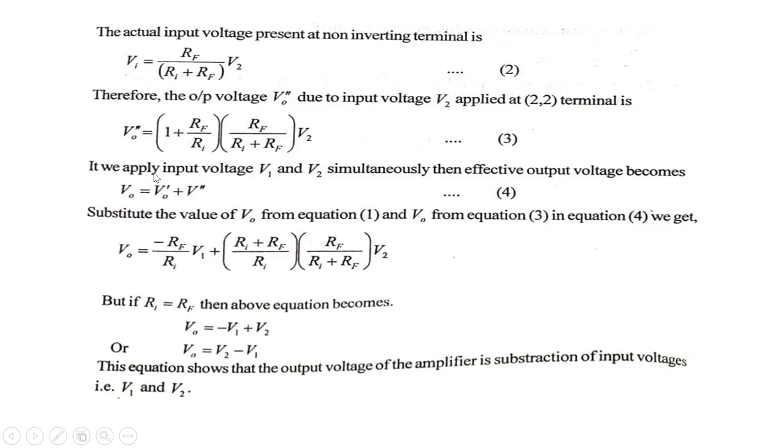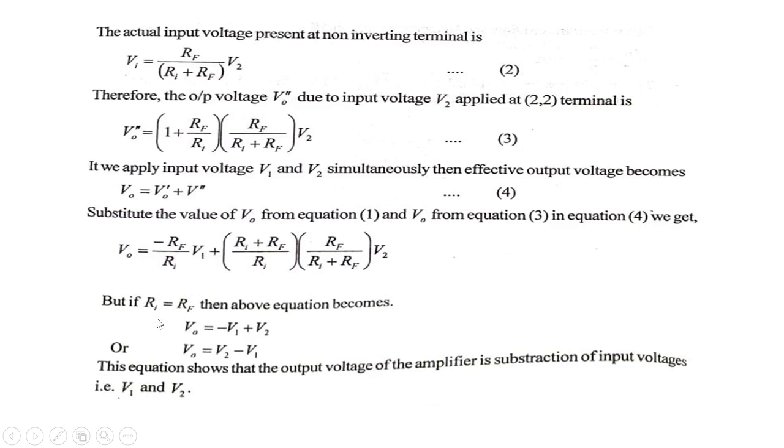If we apply input voltages V1 and V2 simultaneously, then the effective output voltage becomes V0 = V0' + V0''. Substituting the values of V0' from equation 1 and V0'' from equation 3 in equation 4, we get V0 = -(RF/Ri) × V1 + (Ri + RF)/Ri × RF/(Ri + RF) × V2.